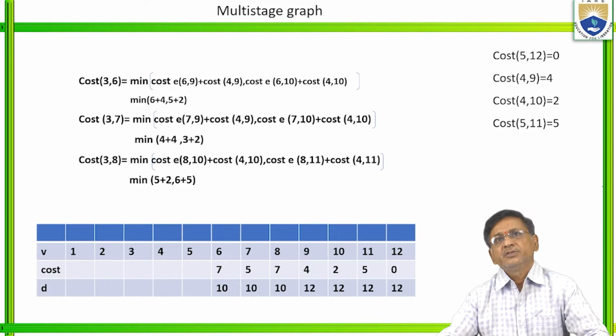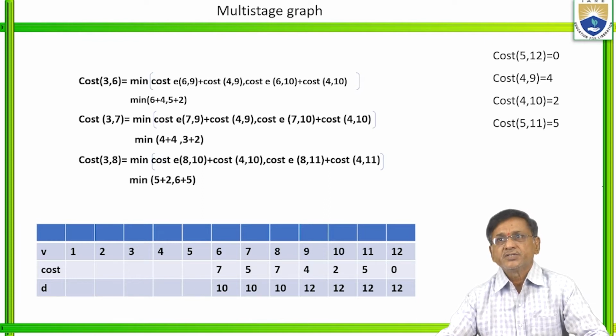So we have to first find out the cost of the vertex 6 in the third stage. Cost of vertex 6 corresponding to the third stage is equal to the minimum of cost of an edge 6 to 9 plus cost of vertex 9 in the fourth stage, comma, cost of an edge 6 to 10 plus cost of vertex 10 in the fourth stage. So first, cost of an edge 6 to 9.